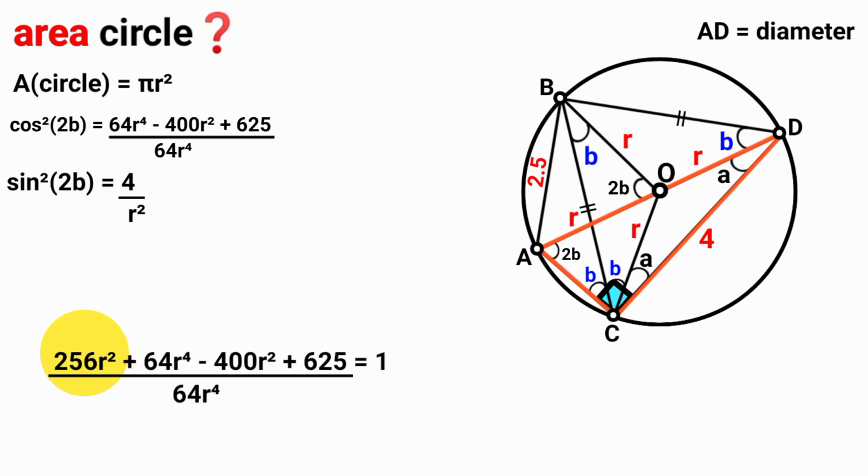This 256r squared minus this 400r squared is minus 144r squared.